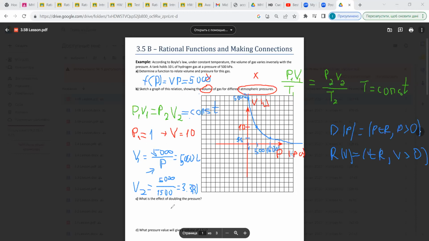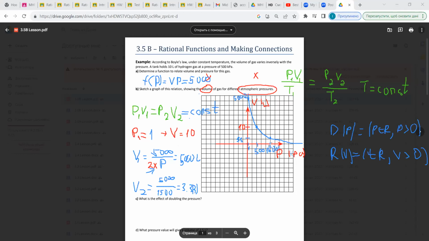So consequently, doubling the pressure, for example, multiplying pressure by 2, will reduce the volume 2 times. It will divide the volume 2 times. We're gonna have 2 times less volume.